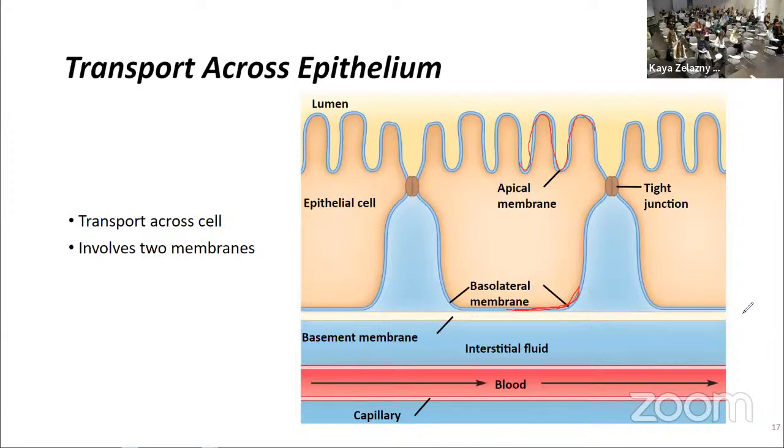We have a structural layer that isn't its own cell, but we have this basement membrane that they're all kind of sitting on together. You can see that epithelia are characterized by being stuck to each other with tight junctions. So there's no leakage really, or very minimal amounts of leakage under normal conditions here, less than in other tissue types. Okay.